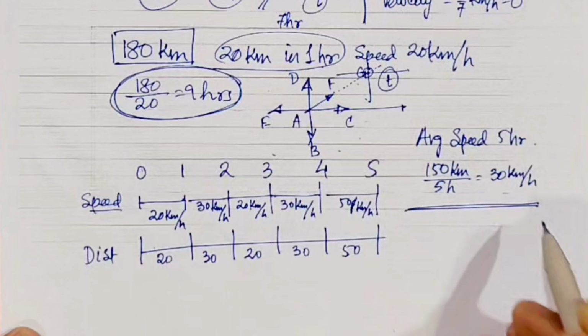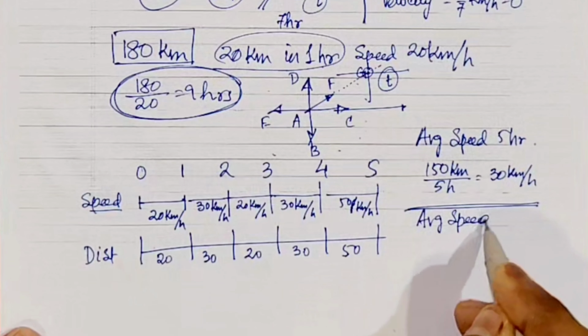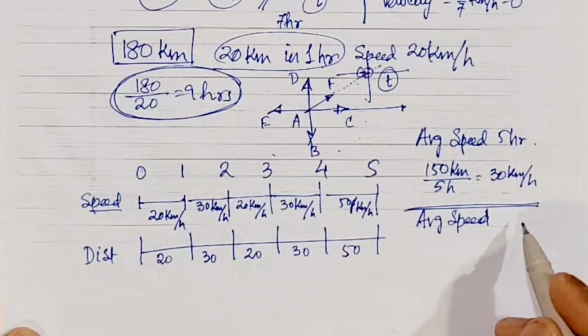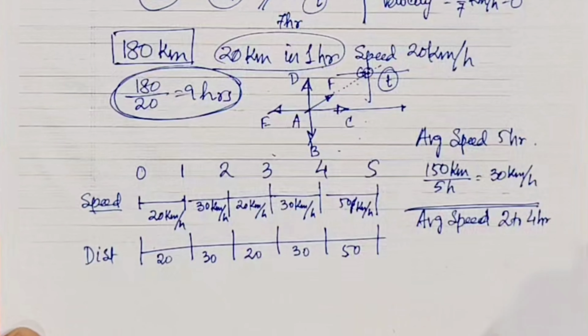Similar to that, if somebody asks you what is the average speed between the 2 to 4 hour mark. Between the 2 to 4 hour mark, you have covered 50 kilometers, 20 plus 30, 50 kilometers.